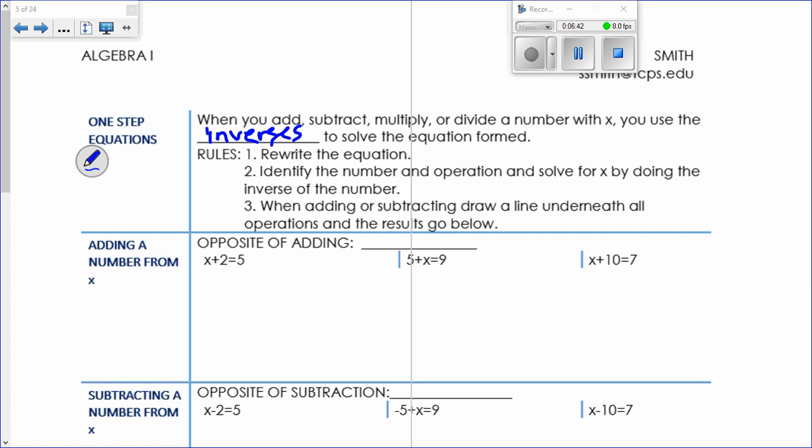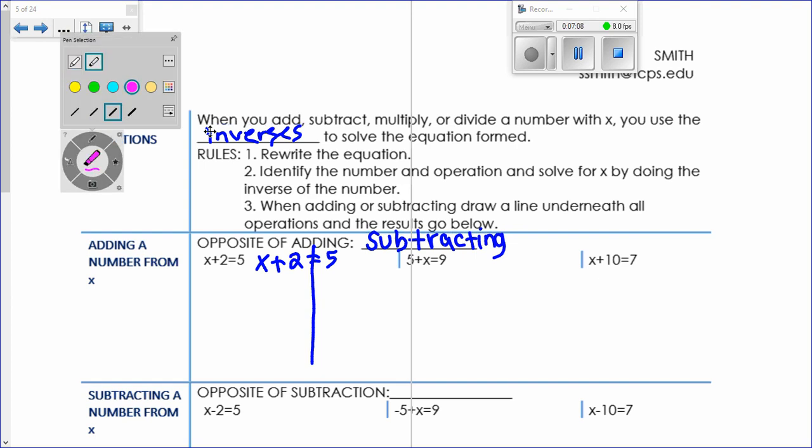So first, for adding a number to x, you're going to be doing the opposite of adding. You're going to be subtracting that number from both sides of that equal sign. Okay, so I'm going to rewrite the equation, x plus 2 equals 5, and draw a line down the middle. Now if I'm solving for x, that means I'm not going to do anything with the x term, it's just going to sit there.